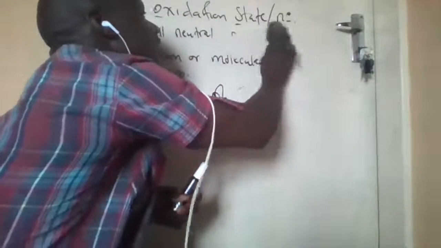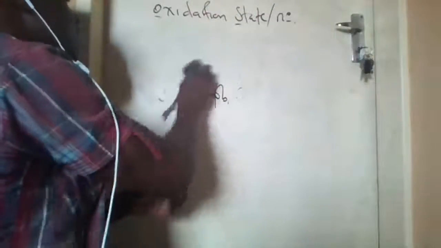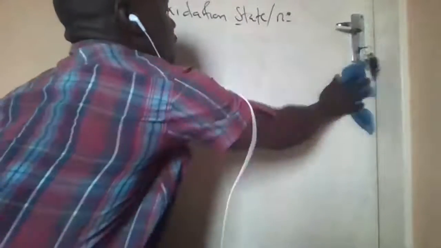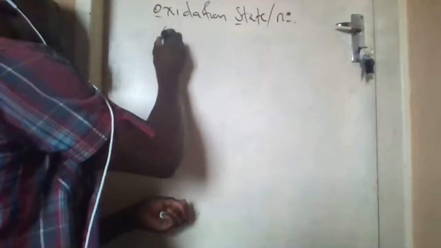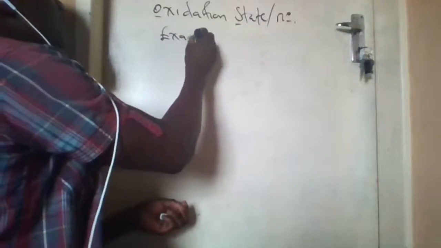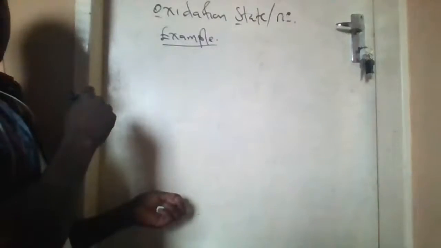How can you tell the oxidation state of an element in a compound? So, for example, how to find the oxidation state in a molecule.